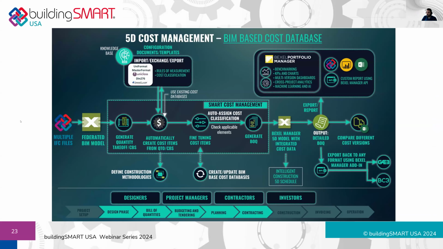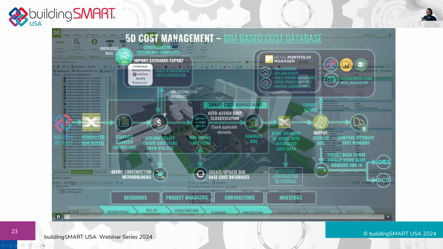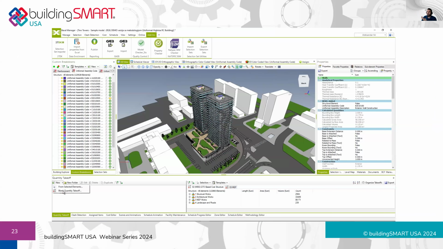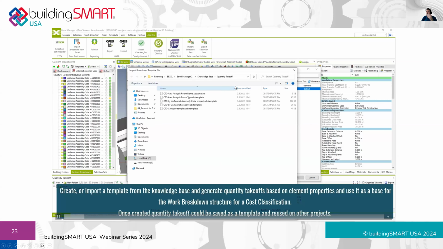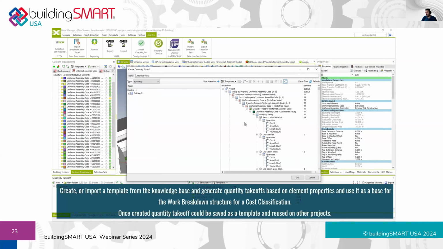So this is a short video showing this process and how we envisioned it in our software, how it works in BEXEL Manager. Practically, you first create the work breakdown structure. Just to understand, these codes were populated using the automated data enrichment process. So we associated the Uniformat codes with the particular elements in the model.